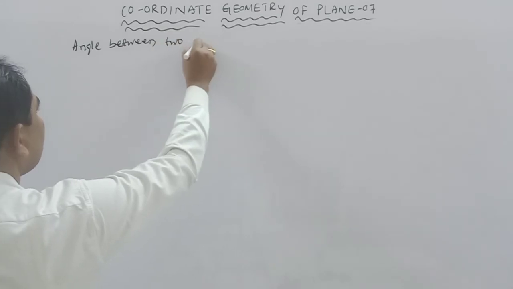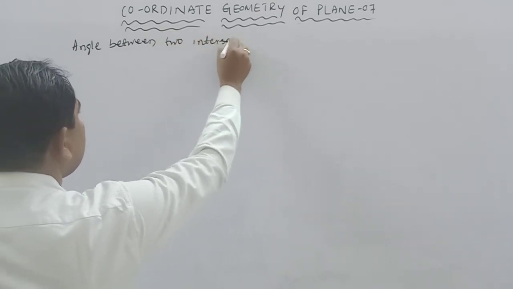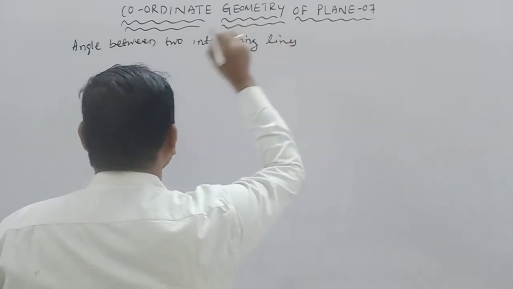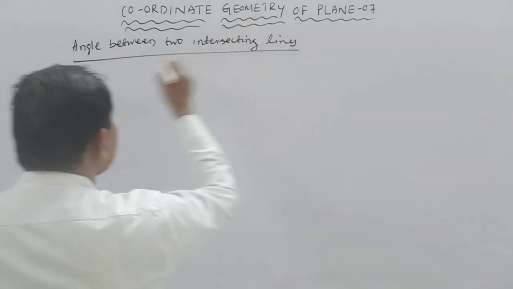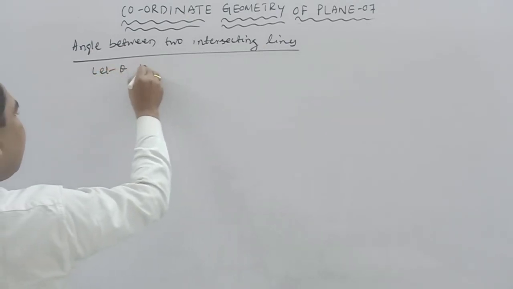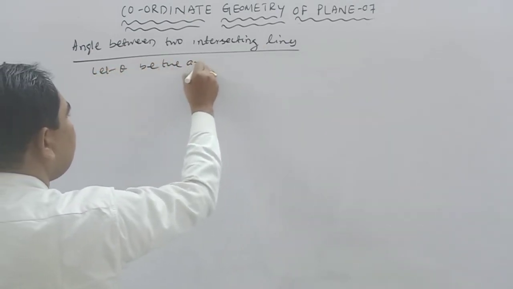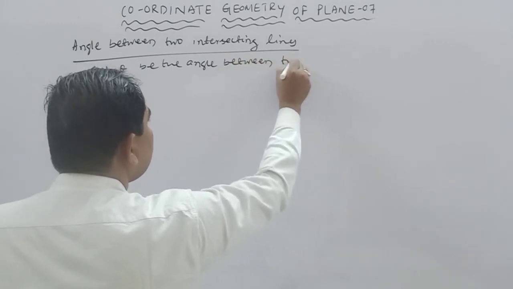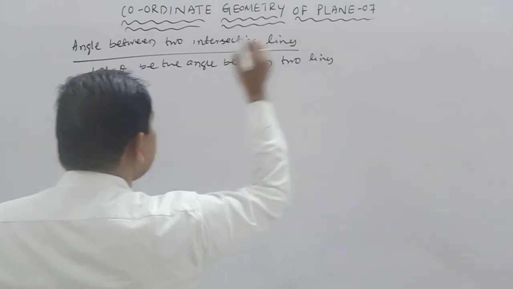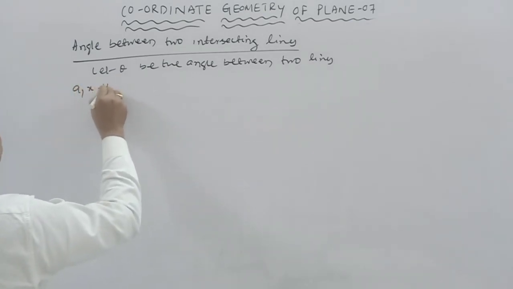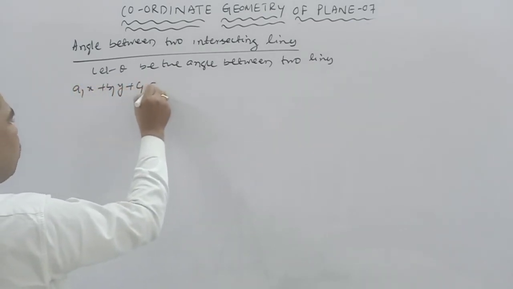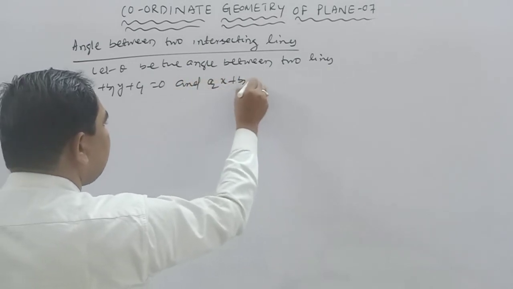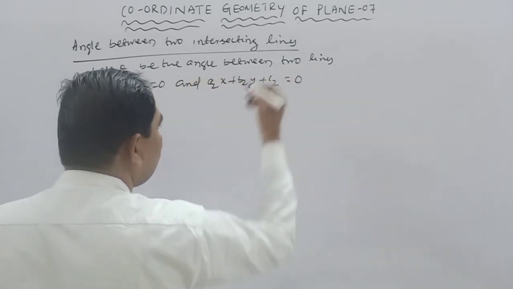Let theta be the angle between two lines a1x plus b1y plus c1 is equal to 0 and a2x plus b2y plus c2 is equal to 0.